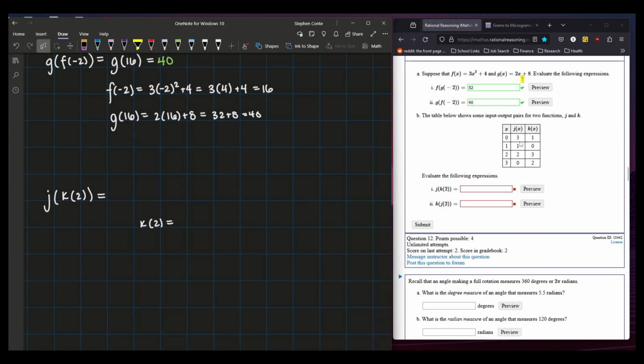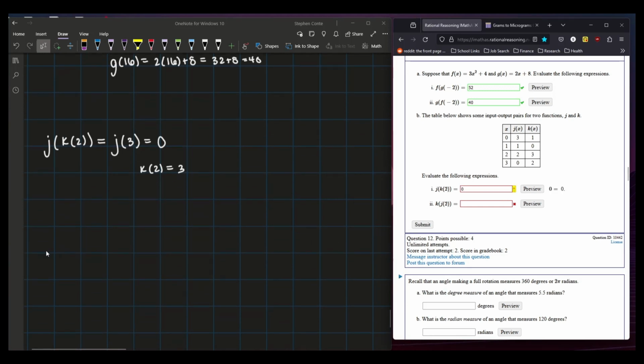What's k of 2? Well, k of 2 is 3. So now instead of j of k of 2, I'm looking for j of 3. So now I'll come over to 3. I see that when x is equal to 3, j of 3 is equal to 0. So that means j of k of 2 is equal to 0.